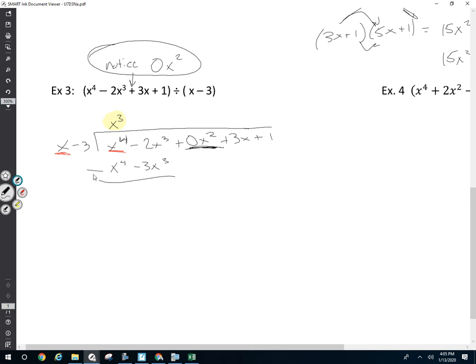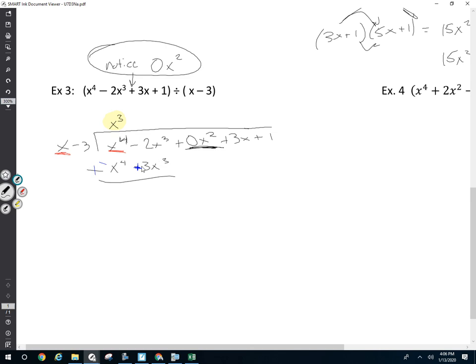Subtract. Mr. Black, what do I recommend doing besides subtracting? Add the opposite. But make sure you do it with both terms. Now, when I add these, they're gone.